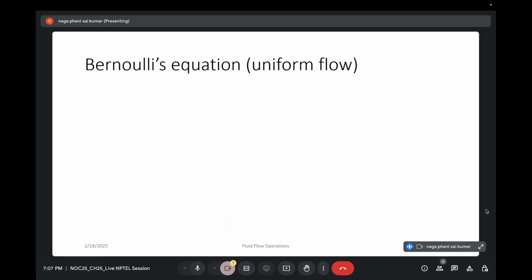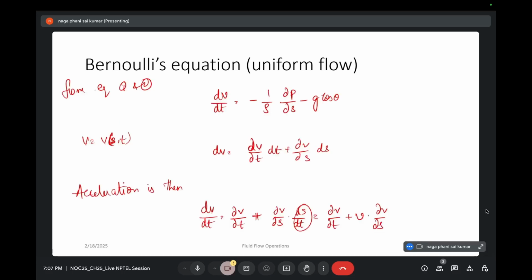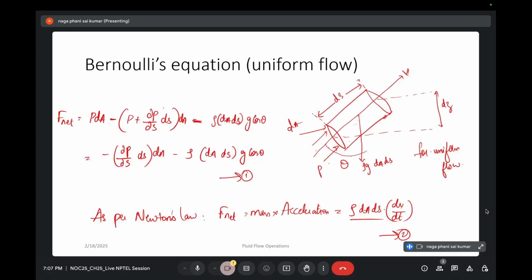From here, cos theta will be equal to dz by ds, right?